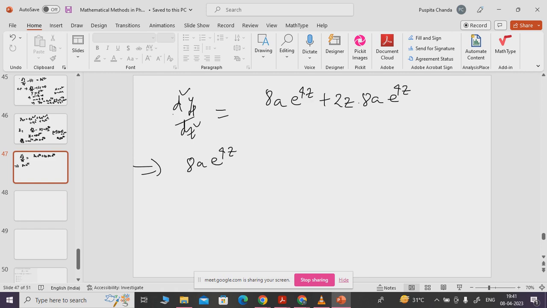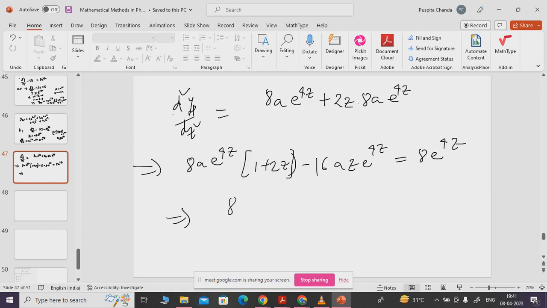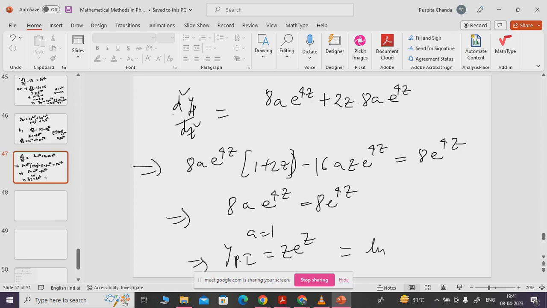Putting all these values, we get 8a e to the power 4z plus 16az e to the power 4z minus 16az e to the power 4z equal to 8 e to the power 4z. From looking at this, we know here it will survive only this part. So a is equal to 1. So y particular integration is z e to the power 4z.